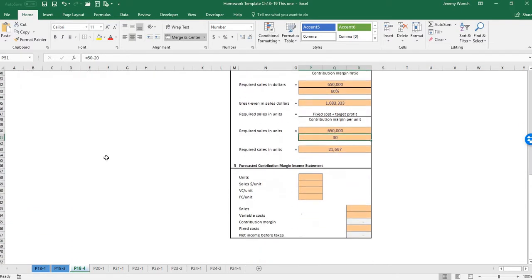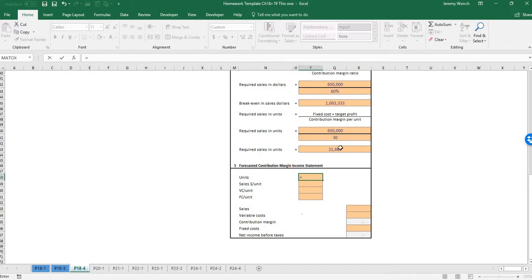All right, so we want to assume the units from part 4 appear. It's right here. And then our sales in dollars per unit, we calculate that at 50. Our variable cost was 20, and the fixed cost is 450.